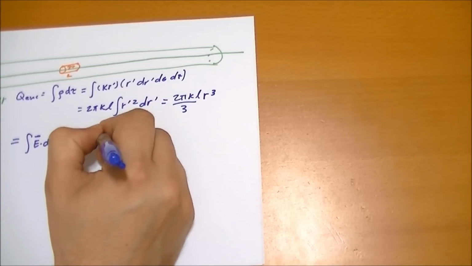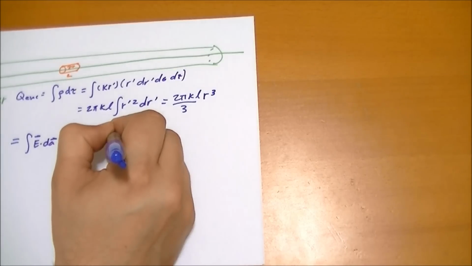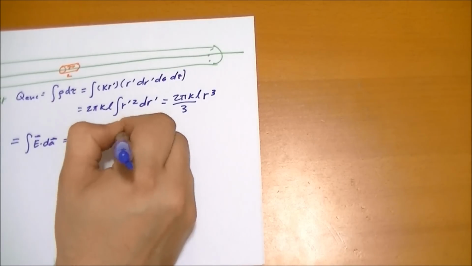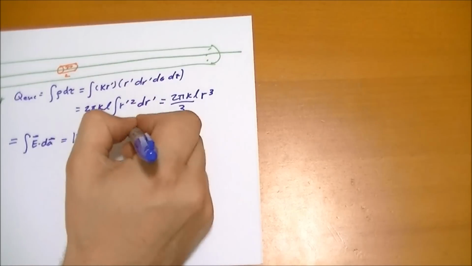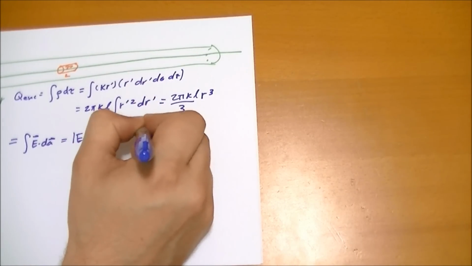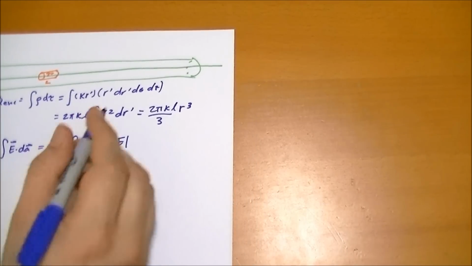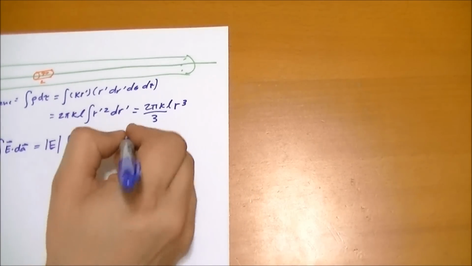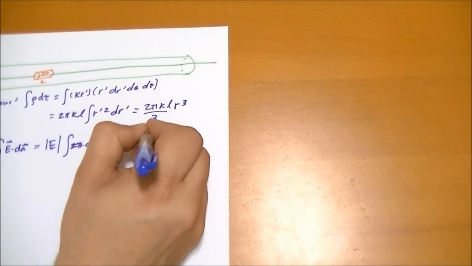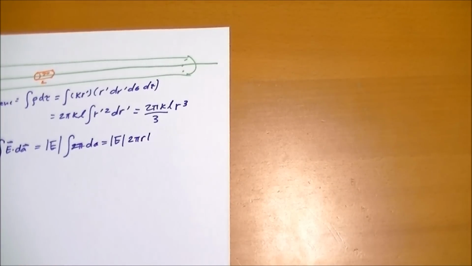So it's 2 pi. I'm sorry, dA. We're using the same dA up here that we used before, so we get basically the magnitude of E times 2 pi rL, which is the total flux.